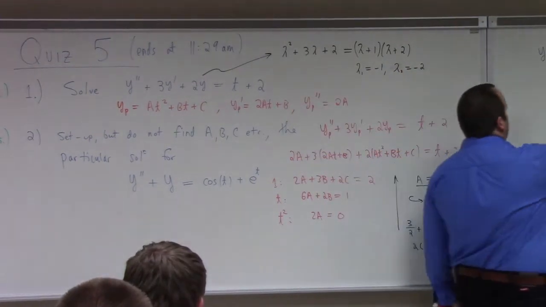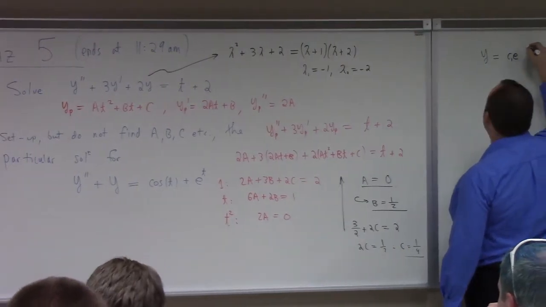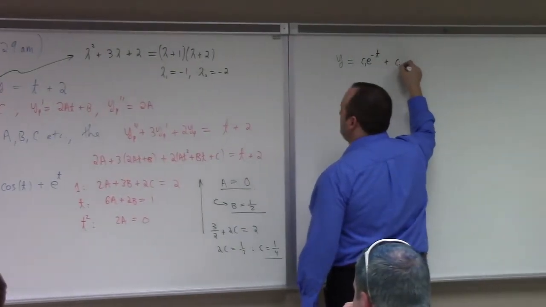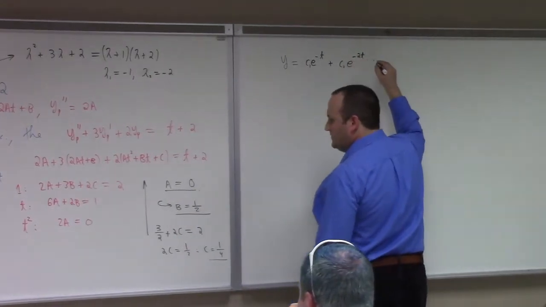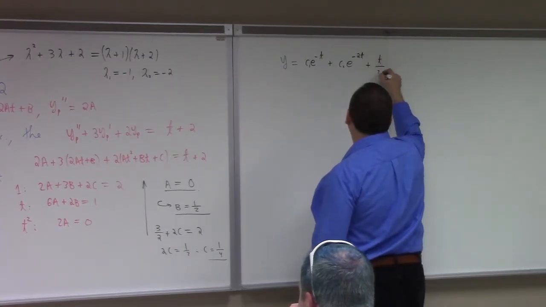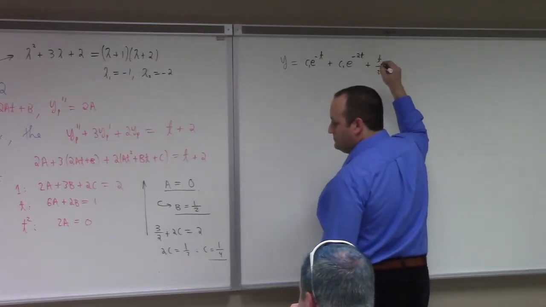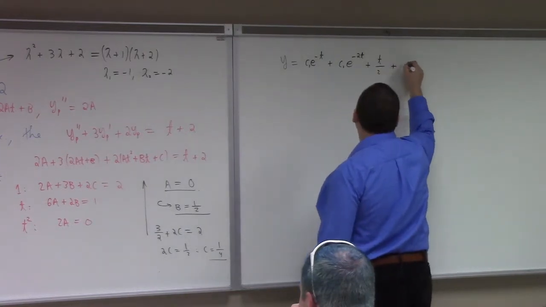So therefore, y is equal to c1 e to the minus t plus c2 e to the minus 2t. a was 0, b was a half, so plus t over 2, plus 1/4, yeah?